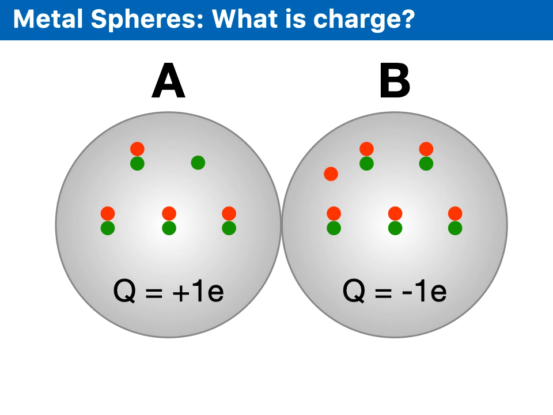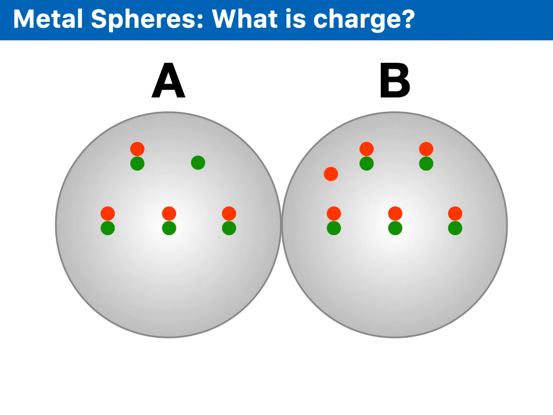Now, e is the charge of a proton or electron. An electron is a negative e, that's its charge. A proton is plus 1e. So we just use the letter e for one unit of charge, and it just depends if it's negative or positive, if it's an electron or proton.